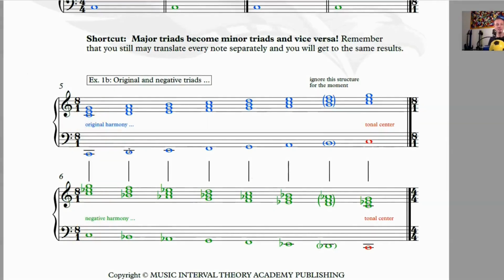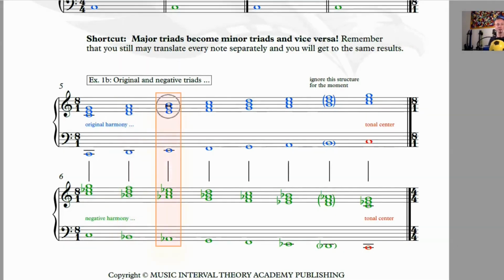So the D root tone has a D minor triad above. We've already determined the negative root tone to D, and that is B flat. So what we have to do now is simply flip the triad over this negative root tone from minor to major. That is why we have a B flat major triad right here.